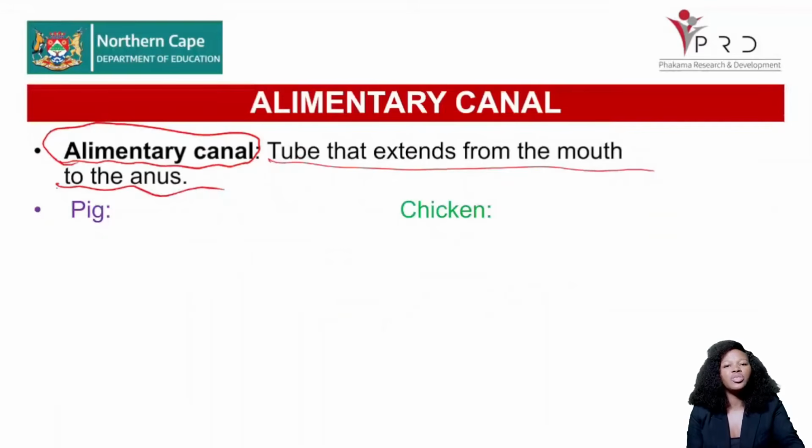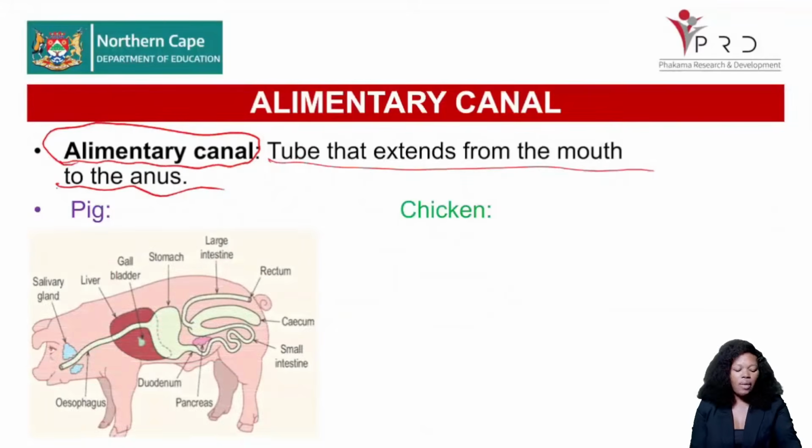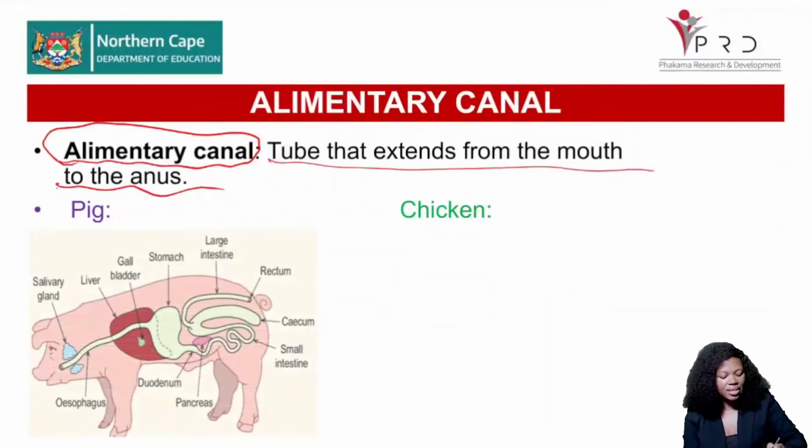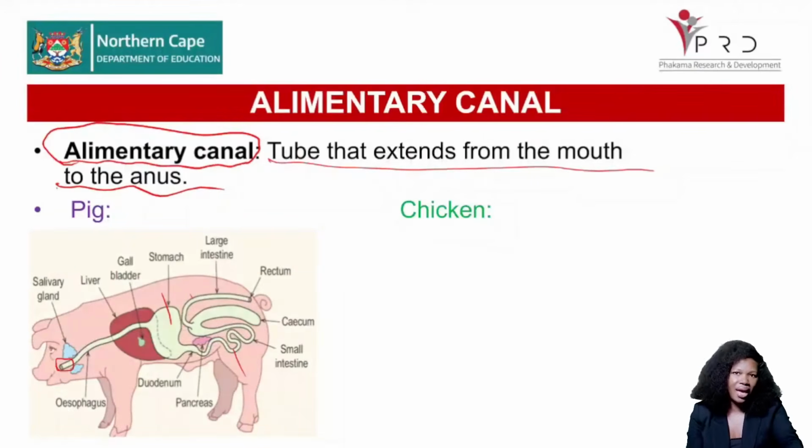Firstly, let us look at the digestive system of a pig. As I've already indicated, it extends from the mouth to the anus. So this is the mouth of the digestive system of a pig. There is a mouth, a pharynx, the esophagus, a simple stomach, small intestines, large intestines, as well as the anus.